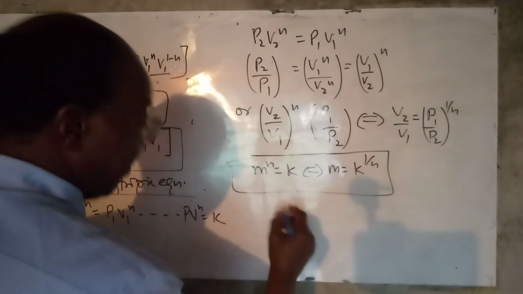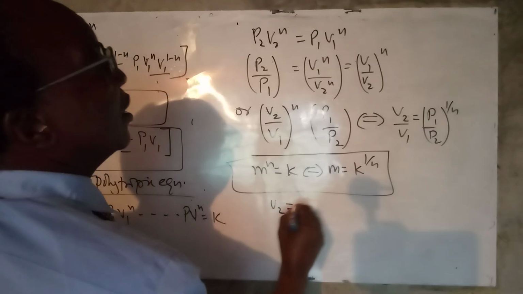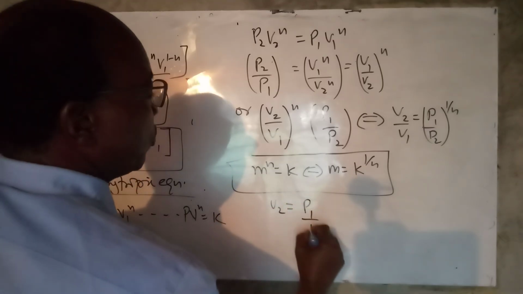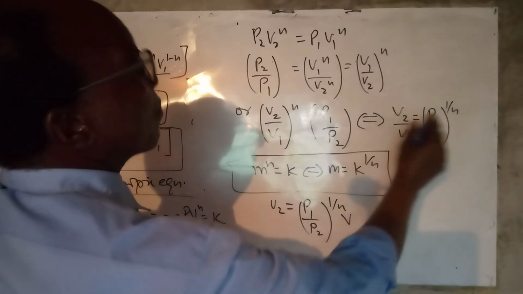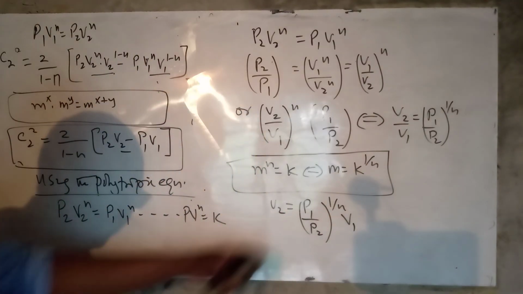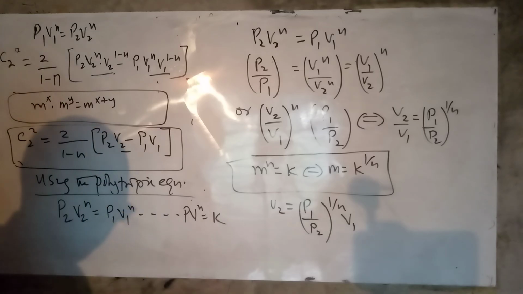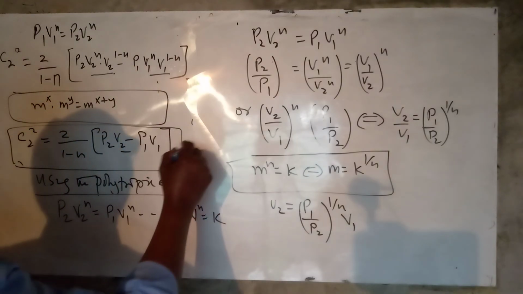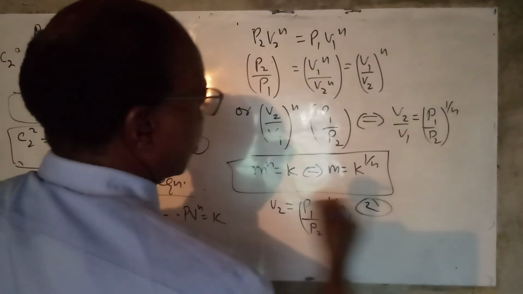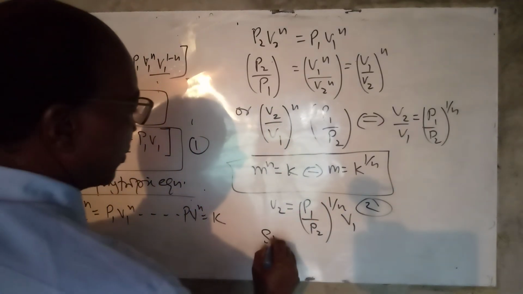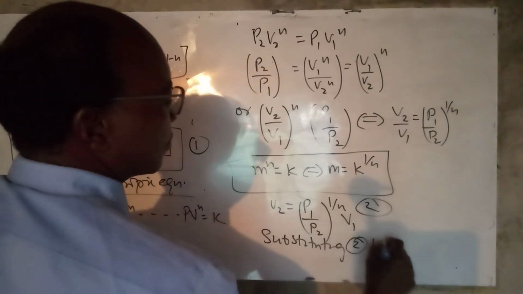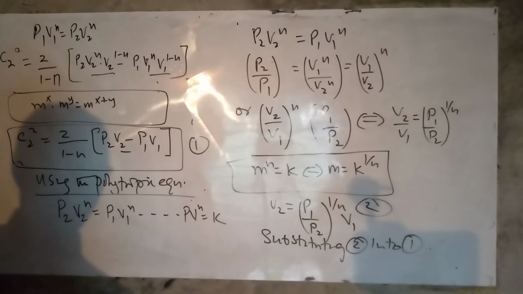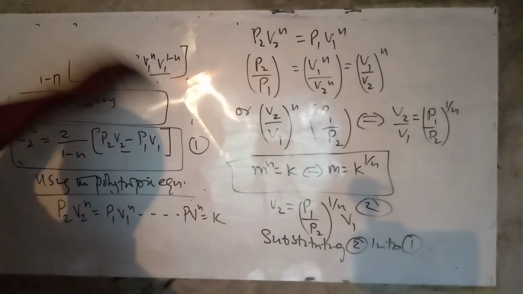So what do we have? We have V2 therefore is equal to P1 over P2 to the 1 over n times V1. So we can substitute this expression into this equation. Let's call this equation 1, let's call this 2. So substituting 2 into 1, we will have the expression now.